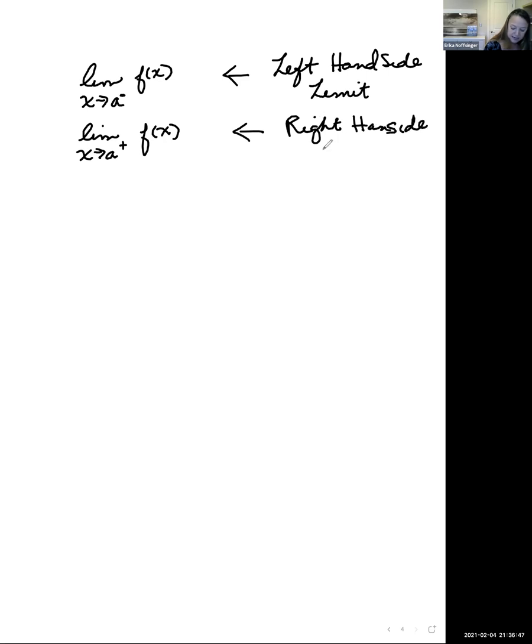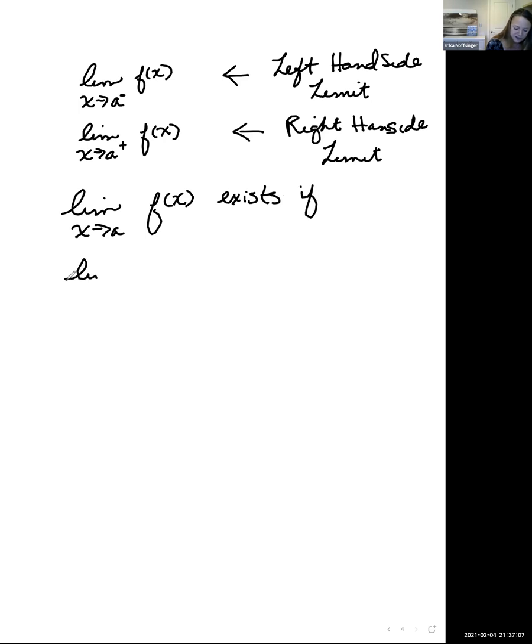If that's the case, maybe there's a jump in the graph at that value, then we say that the limit itself does not exist. So the limit as x approaches a of f of x exists if we can show that the limit as x approaches a on the left is equal to the limit as x approaches a on the right.